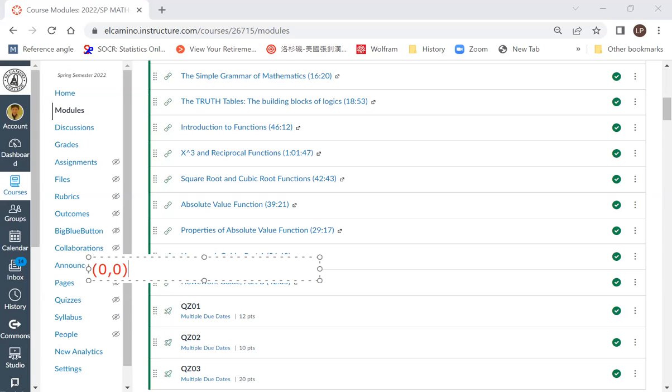The first 0 is the input. Input is what we're looking for. The output is 0. So when input is 0, output is 0. Therefore, the solution in this case is x equals 0. How do you show work? Just this one line. If you draw the picture, it will be nice. So you can see the graphic method tells us roughly how many solutions to expect.